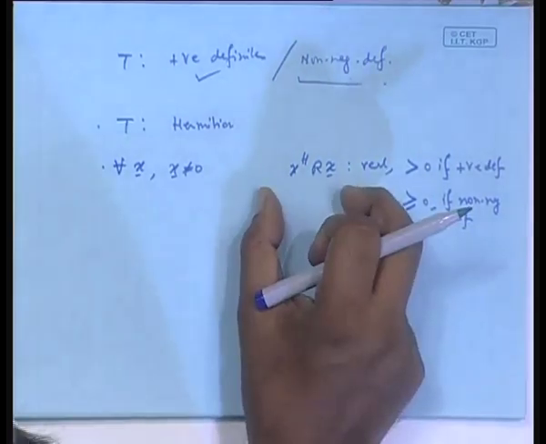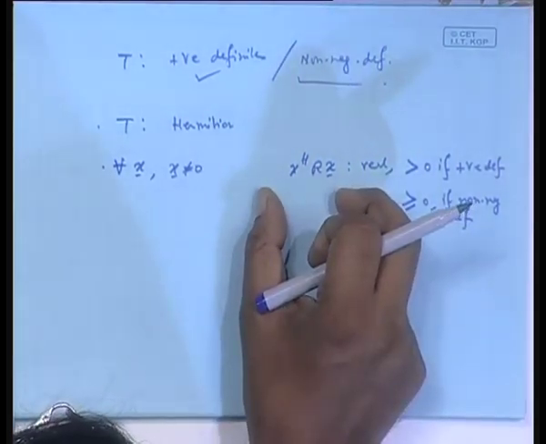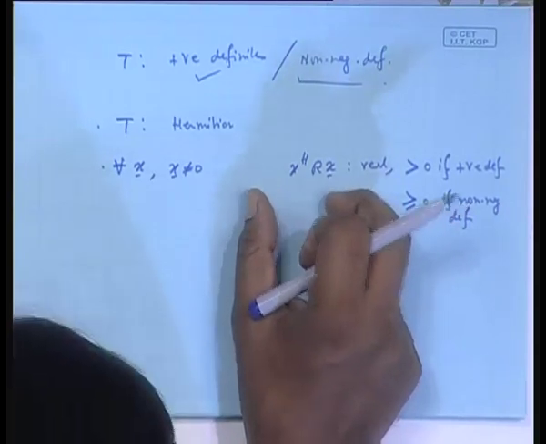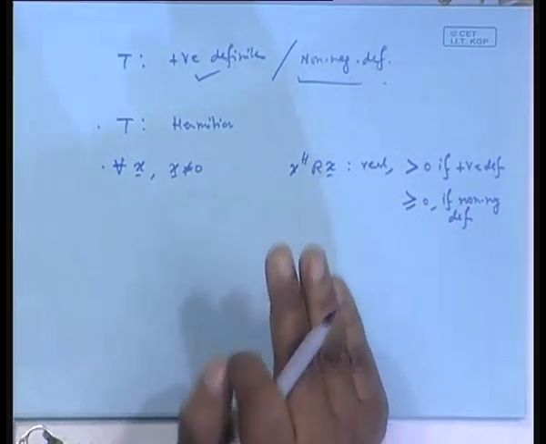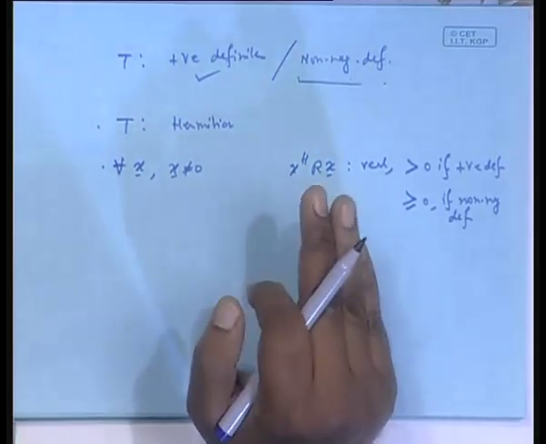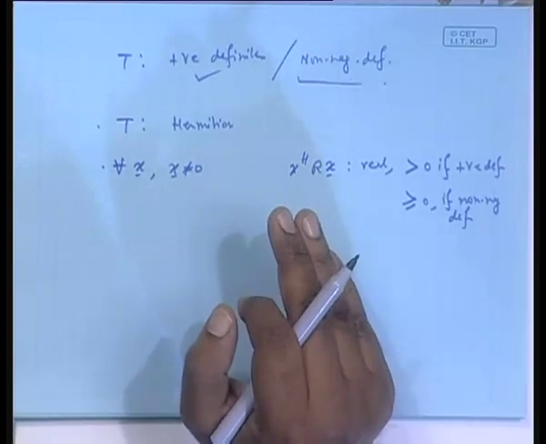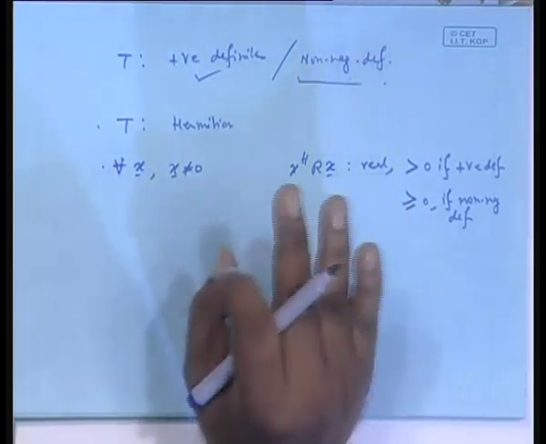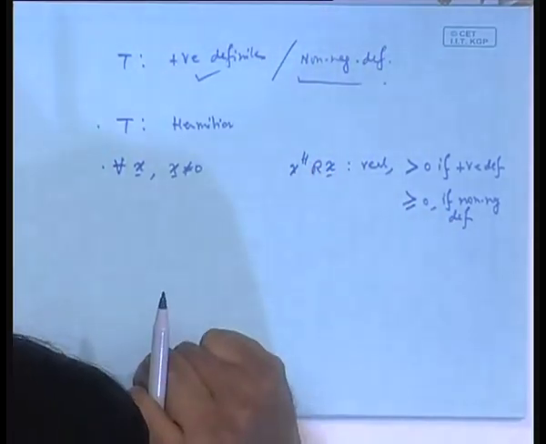If this extra property holds, then it is called positive definite. Our correlation matrices or covariance matrices are not only Hermitian, they are always non-negative definite, but we can also take them as positive definite under some assumption which is in general valid.